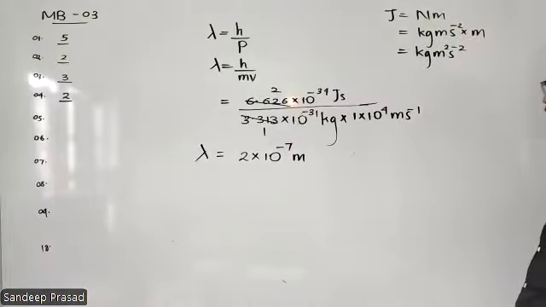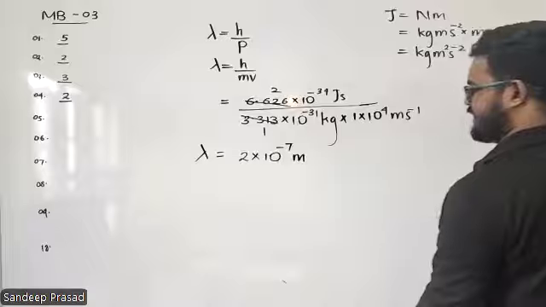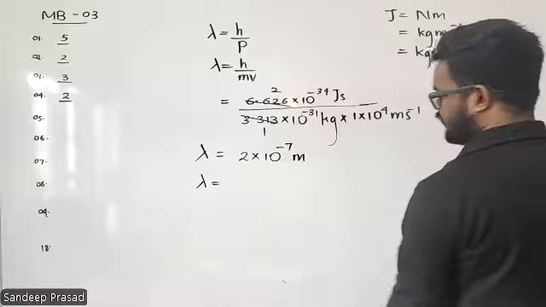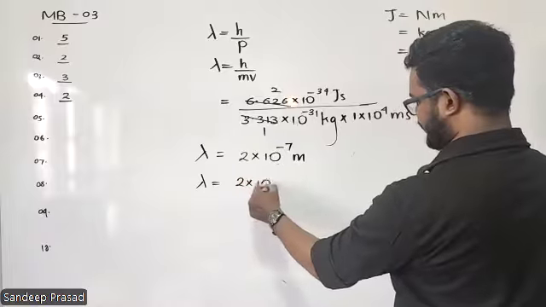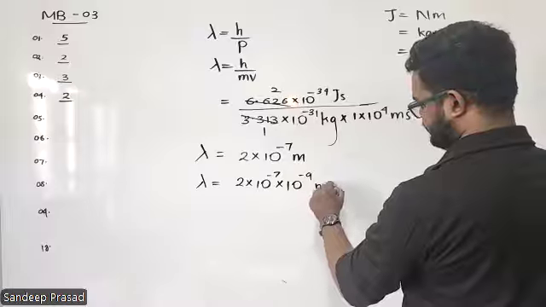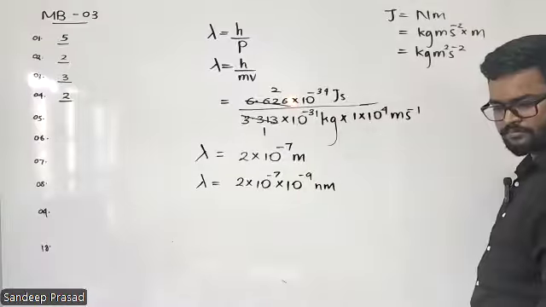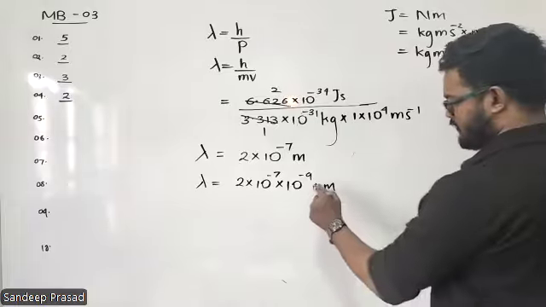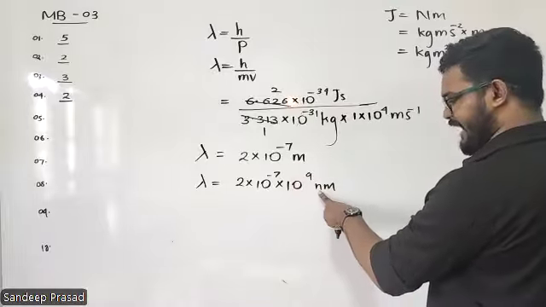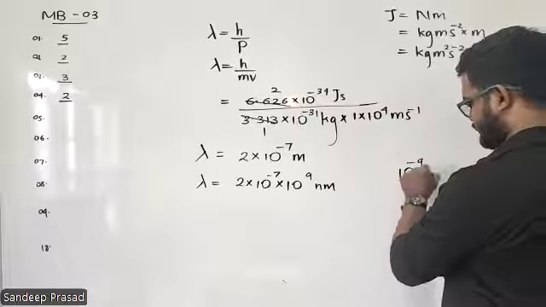So this is the answer, lambda in meters. But remember, we have to get the answer in nanometers. So I'm going to put the nanometer unit here by adding 10 to the power minus 9. How is it possible? By multiplying by 10 to the power plus 9. Students, we know that nano means 10 to the power minus 9.